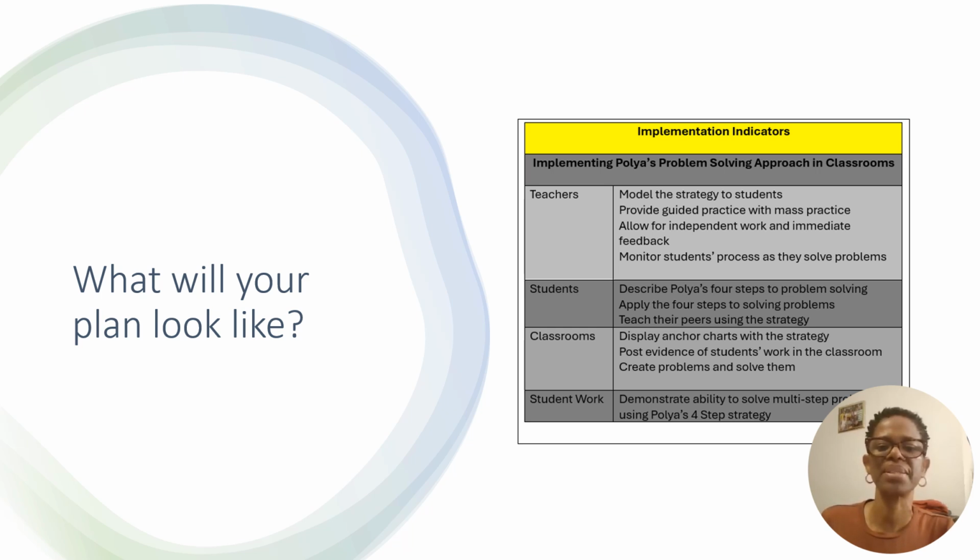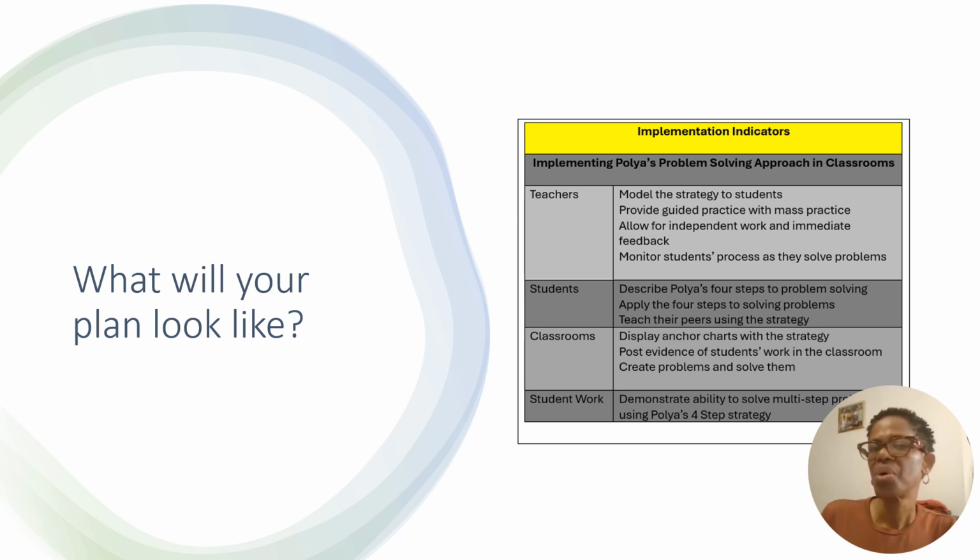So, for instance, teachers will model the strategy to the students. Students, for instance, will be able to describe Polya's four steps of problem solving. In the classroom, you will display anchor charts depicting the 4 steps to the problem solving strategy.